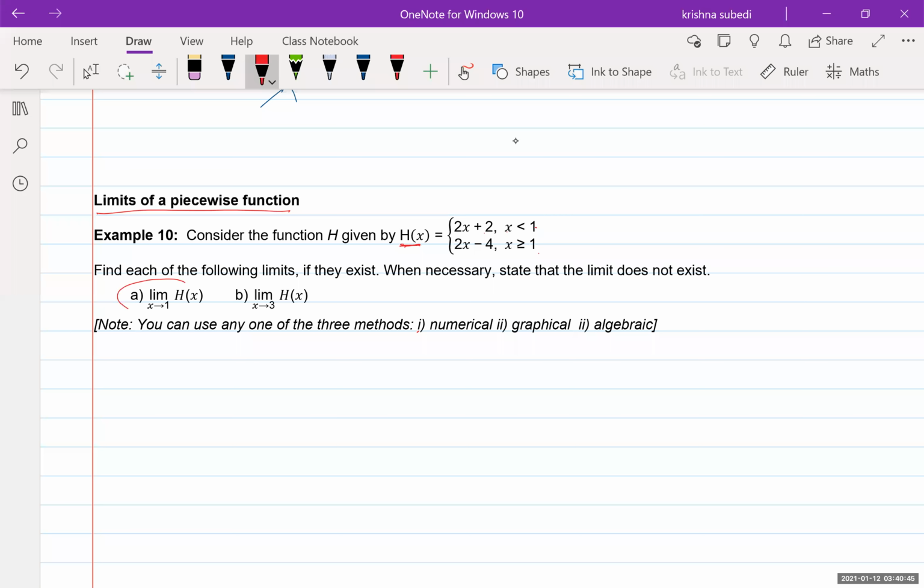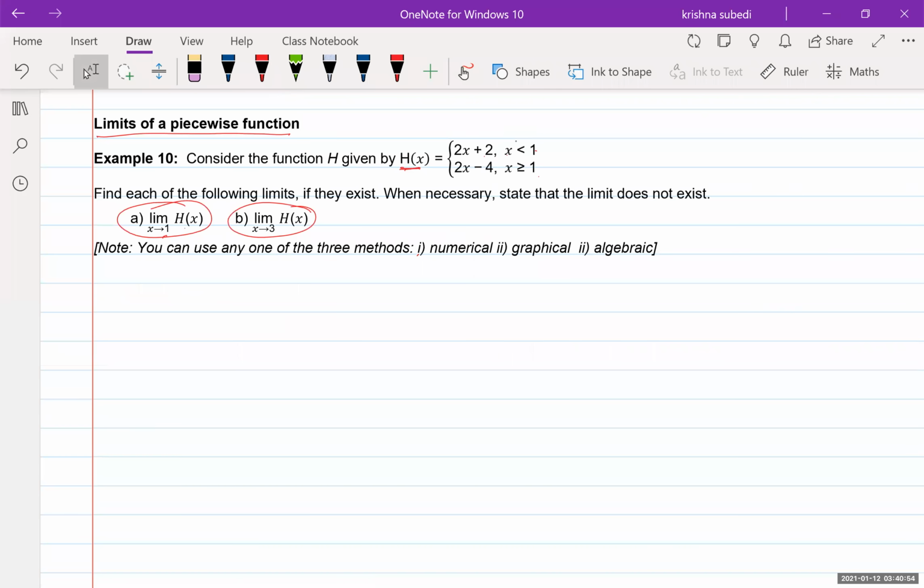We need to evaluate limit x tends to 1 of h of x, and limit x tends to 3 of h of x. It says numerical, graphical, algebraic method, but I'll go for the algebraic method, and I'll leave numerical and graphical to you, but I'll provide the solution in my lecture notes.